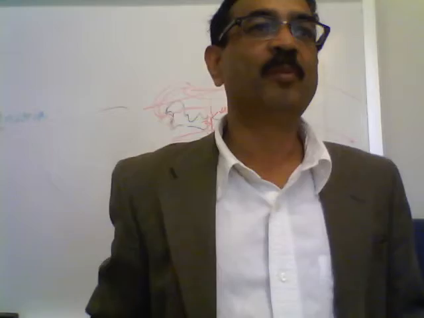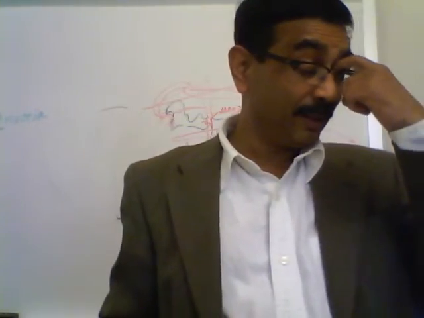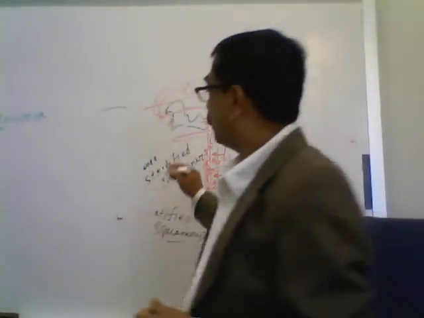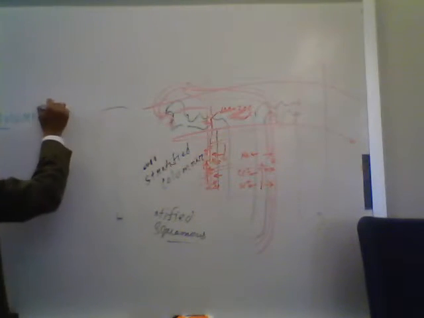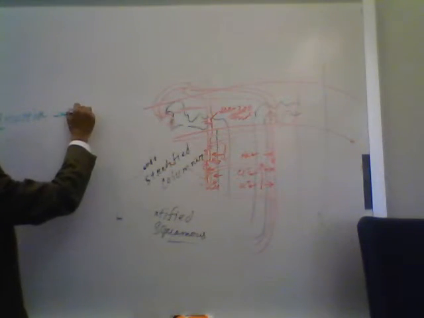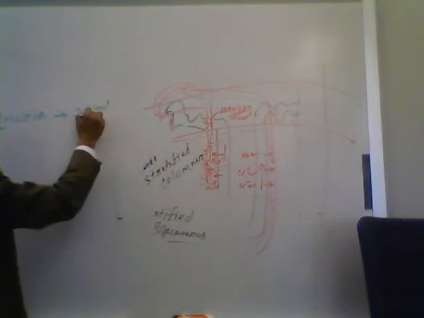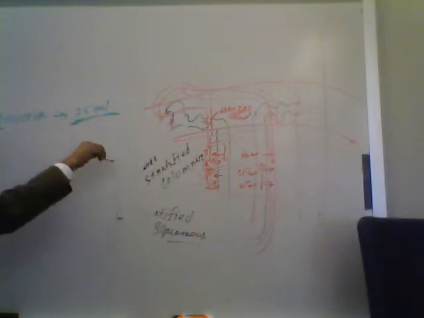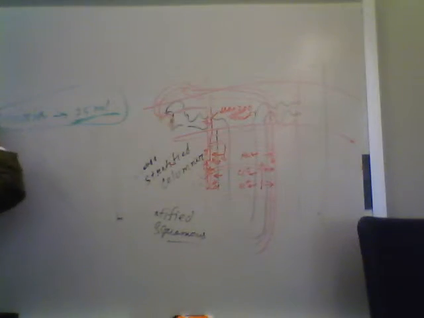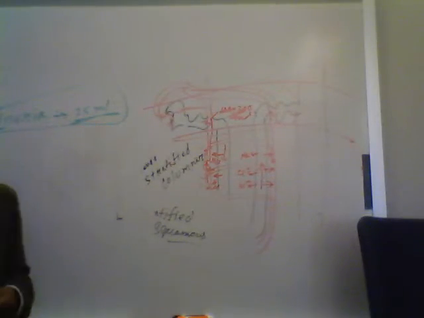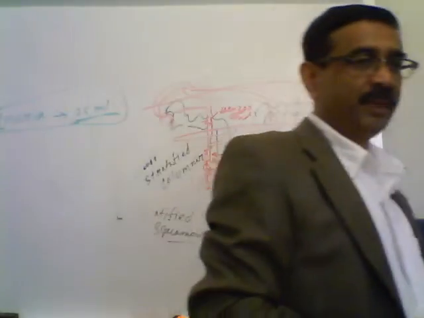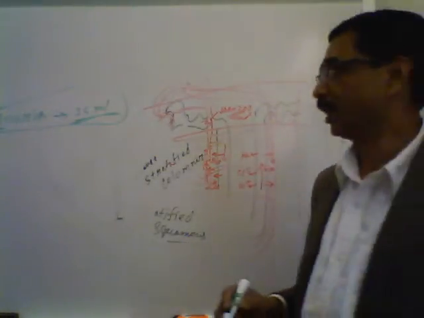Anuria is no production of what? Urine. No production, or if the production of urine is very small, like less than 25 milliliter per day, that means almost no urine production. In that case, we say anuria. No or very small amount of urine production.